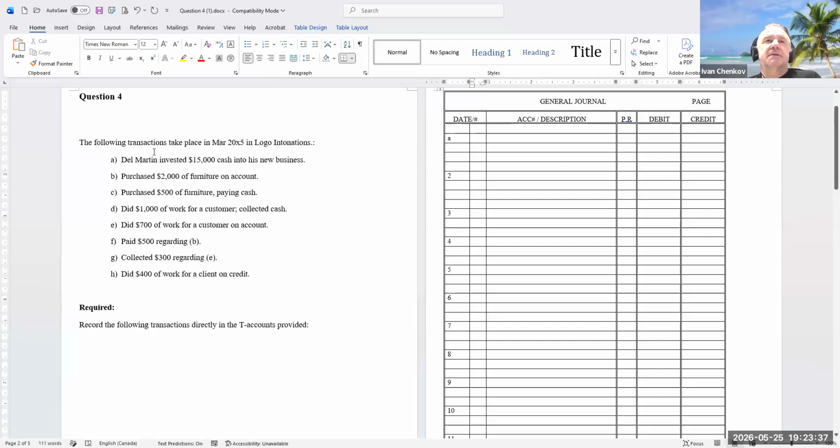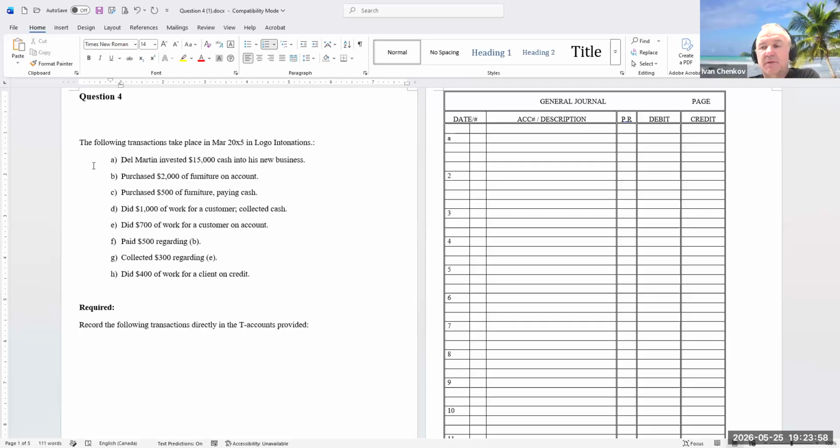So transactions, this company just opened today or yesterday or a few months ago. And the first thing that the owner of the company did is to invest $15,000 cash in the business. How should we look at this?